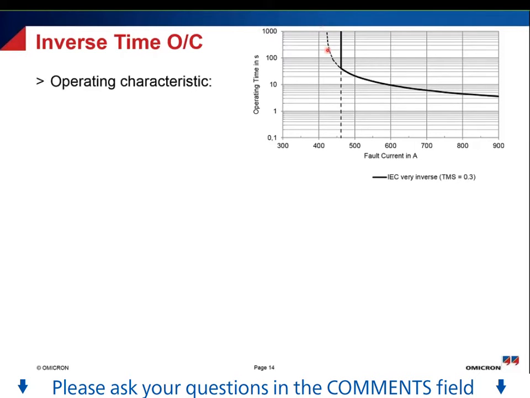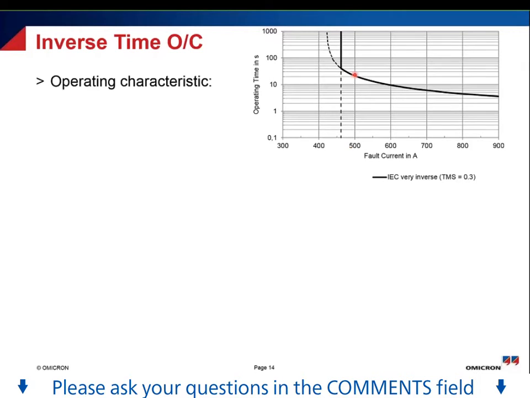Here you see the tripping characteristic of such an IDMT curve. Once again the current here and the time here, and the higher the current, the shorter the trip times. So if the current is, for example, 500 amps, we get a trip time of approximately 20 seconds.